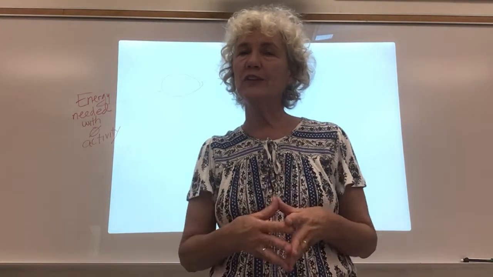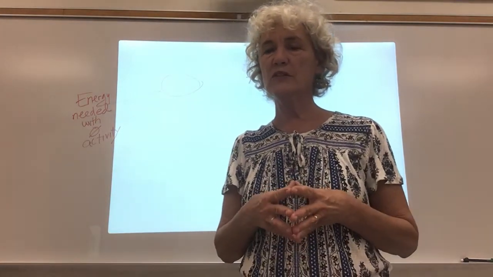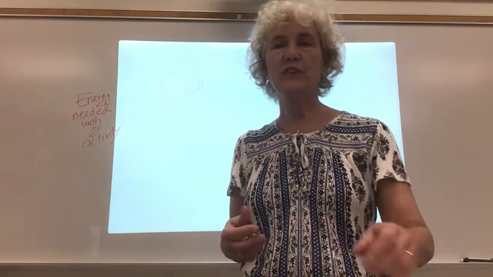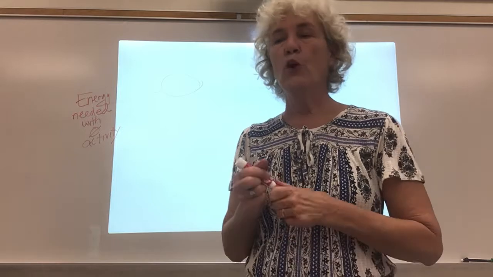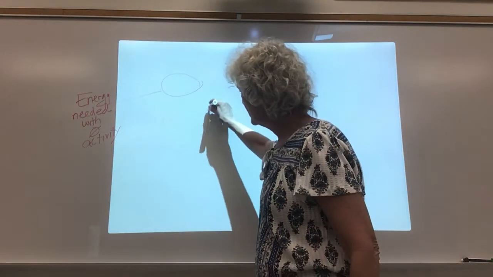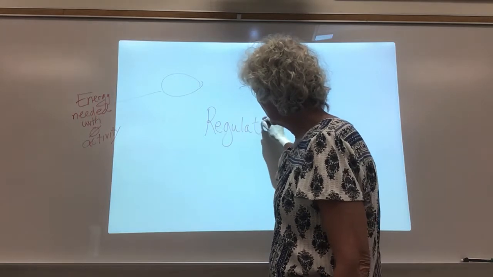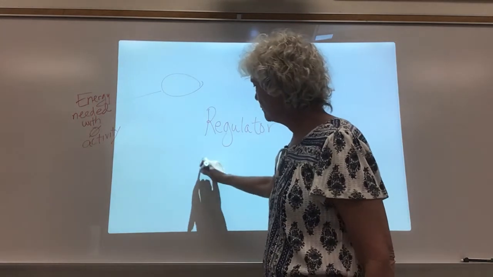They are also given another name in regards to homeostasis. It's a similar sort of naming, but it's different. One is called a regulator. And one is called a conformer.